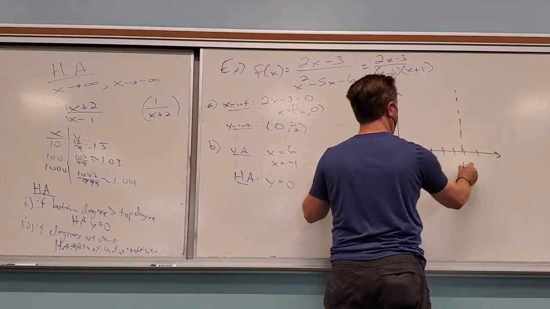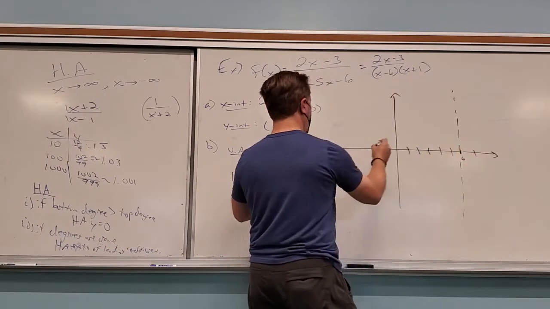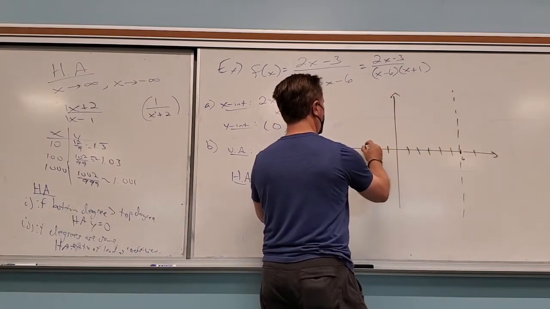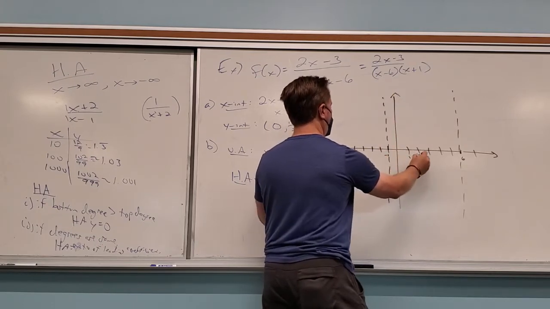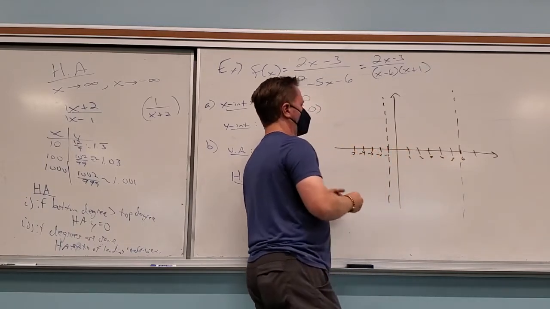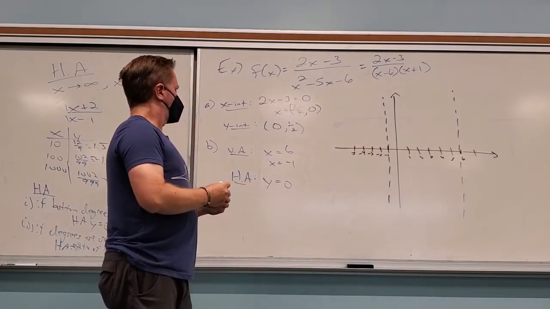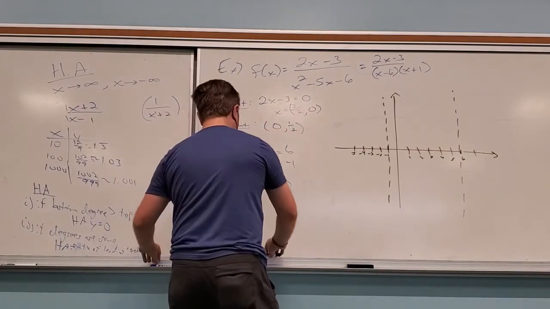Put a wall at 6. And I've got -1. Put a wall at -1. My x-intercept, I've only got one x-intercept, and it's at 3/2.